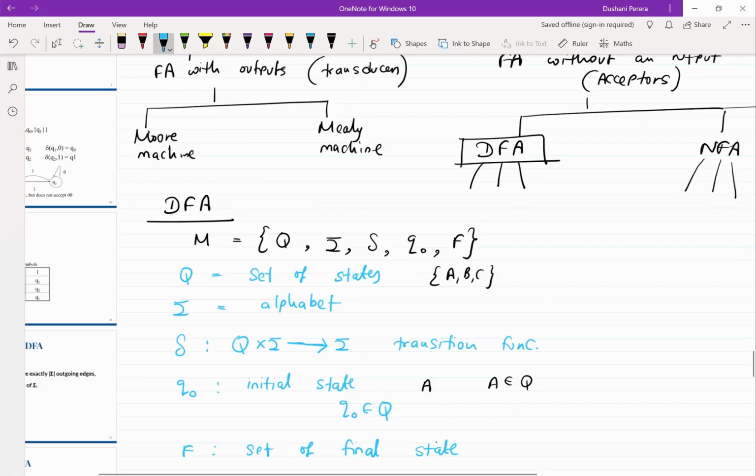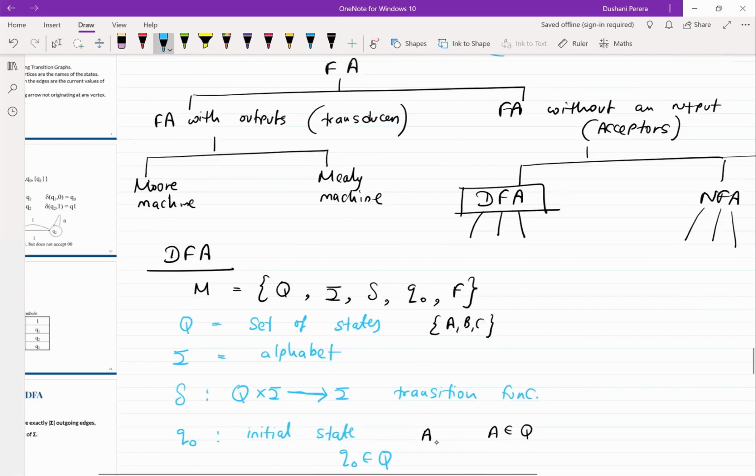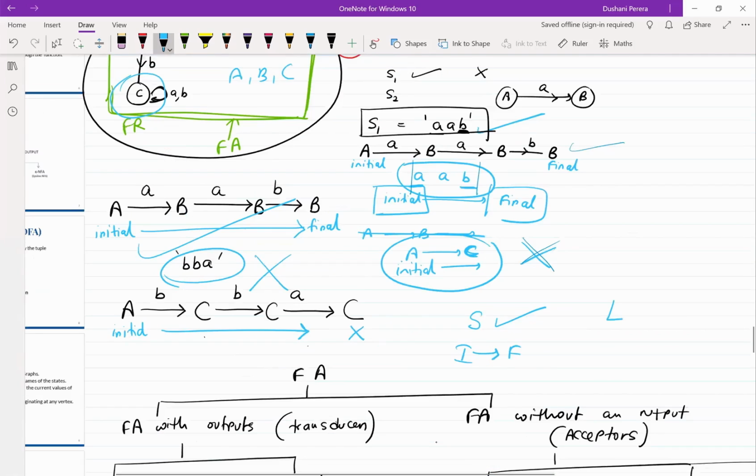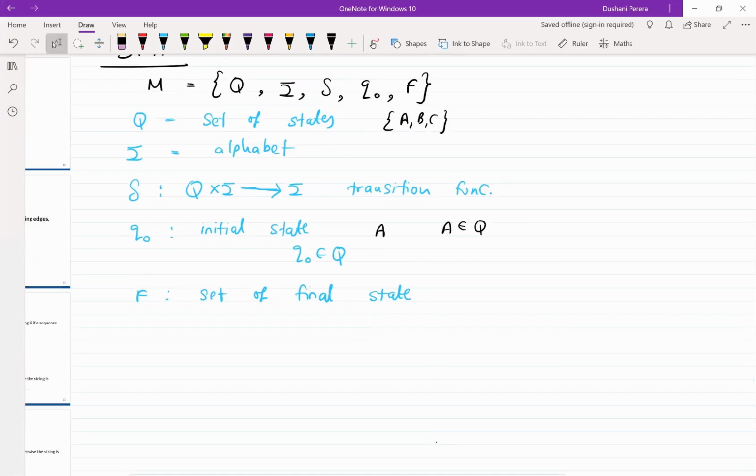Which means we could make C also a final state. Therefore, these representations can have more than one final state. Because of that, we say that F is a subset of Q. It's not an element, it's a subset. Any subset of the set Q can be the final states. So this is the way that we define a DFA.